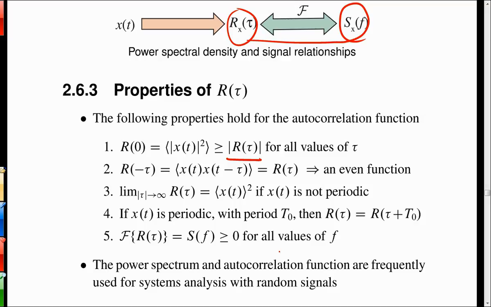If I lag that way or lag back that way, I can't possibly have as much correlation as if I'm perfectly aligned. The autocorrelation function is even, so if I slide one side or the other, I'm going to get the same value. And this is for real signals. Again, I didn't say that in here, but it's for real signals.